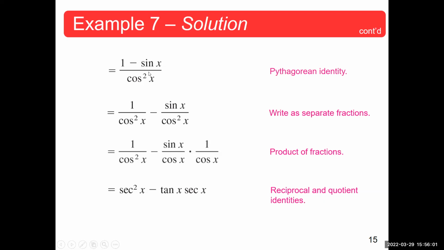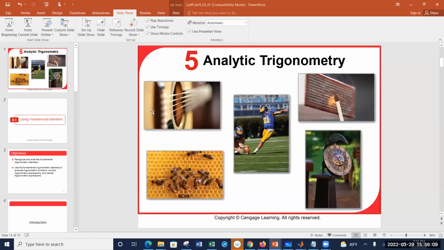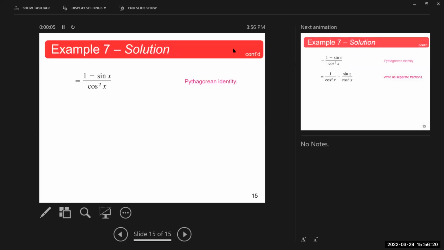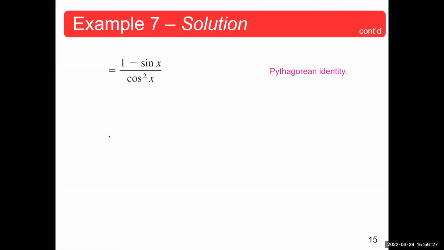What they did, they said 1 over cosine square x minus sine x over sine square x.